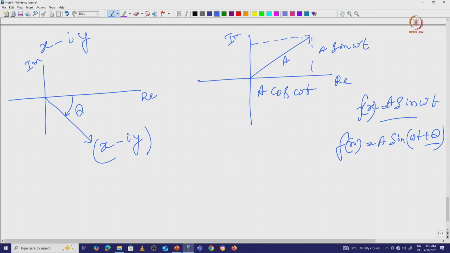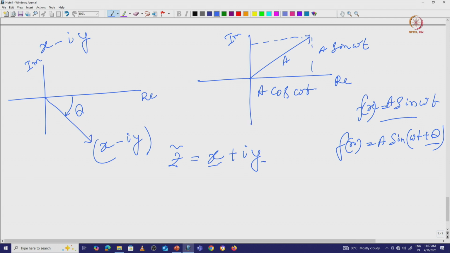Now, from where we started, this is a complex number z. z means x plus I y, where x and y are real, and I is the imaginary component.